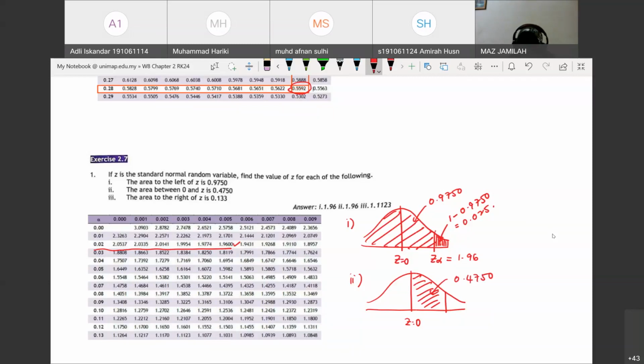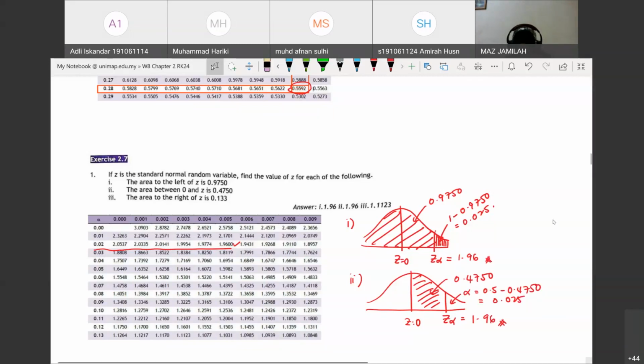Of course to find this alpha, alpha would be 0.5 minus 0.4750. So it will be given by 0.025 as well. So the Z alpha that we are talking about, 0.025, again is 1.96.